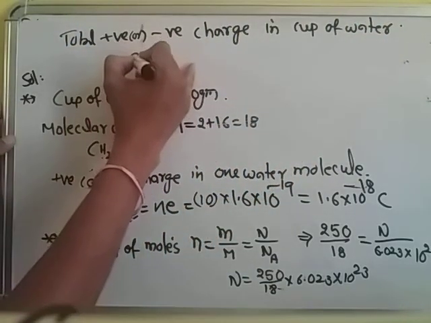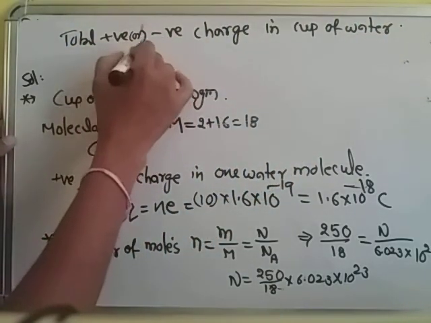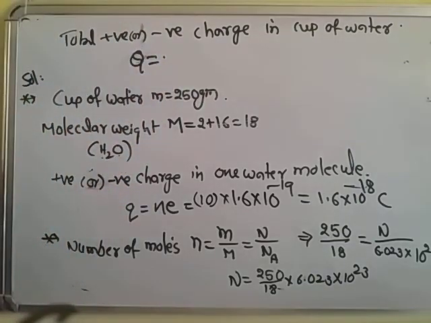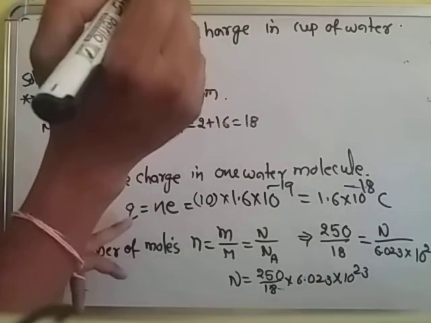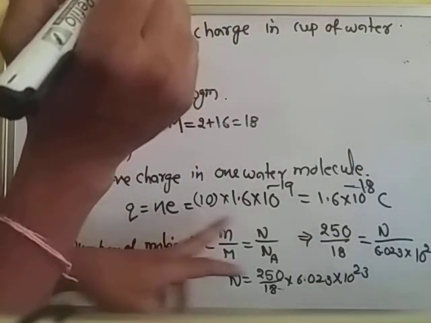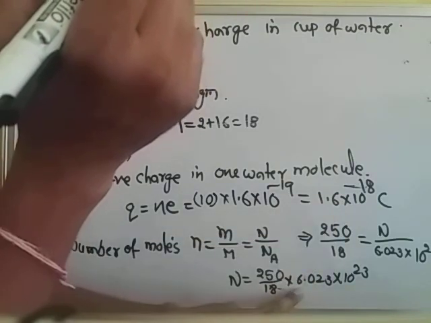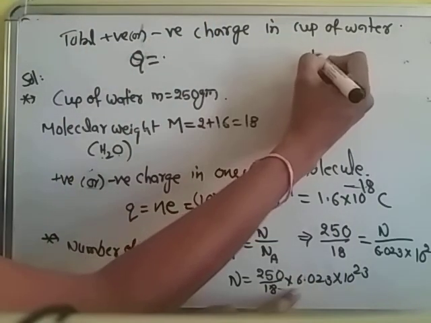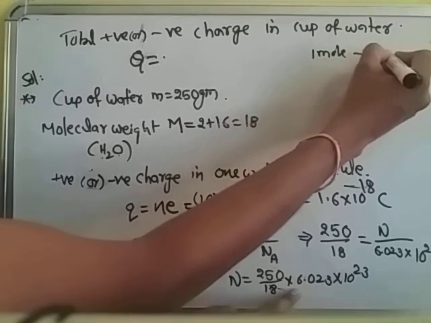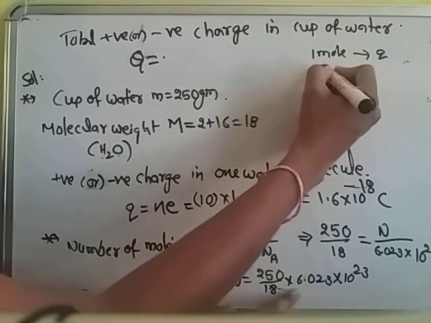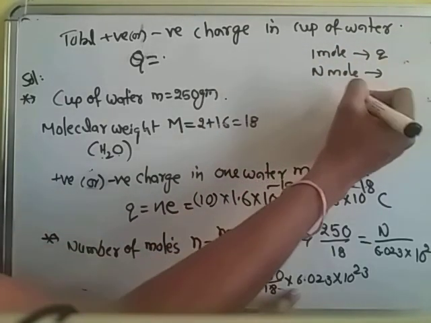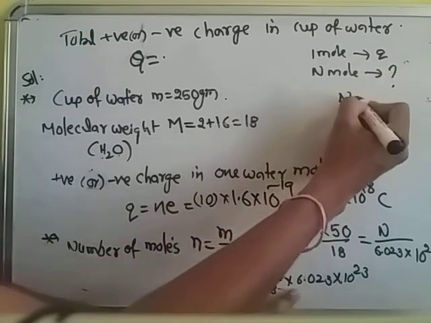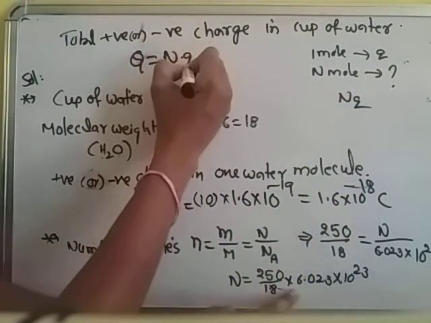For that, the total charge is capital Q. Here we know one molecule has a small q charge, and capital N molecules we have in the cup of water. So how much charge does it have? Capital N into small q.